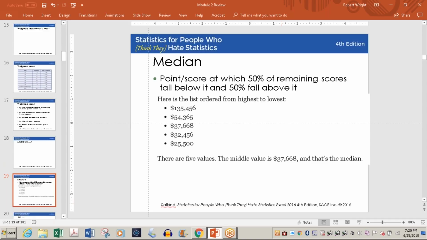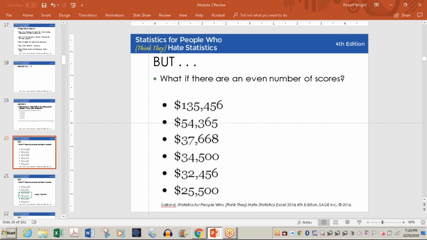Of course, this is really convenient because there's an odd number of entries, and it would be nice if you could control your studies so you always had an odd number of subjects. But that's not always going to happen. Sometimes you can have an even number. What do you do when that happens? You average the 2 in the middle.